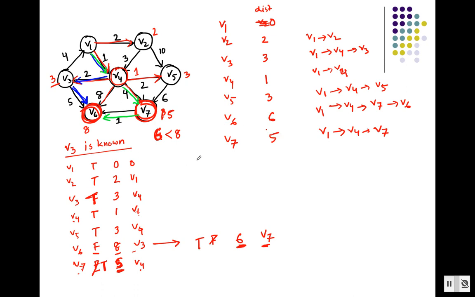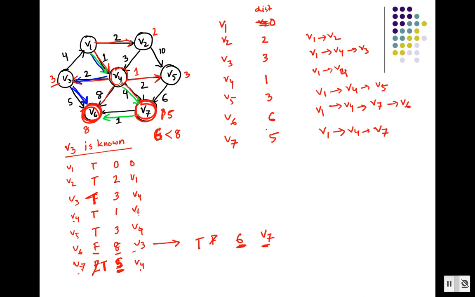So that's how the Dijkstra algorithm works. We start from a single source node, and first we use the direct edges and change the distance values.